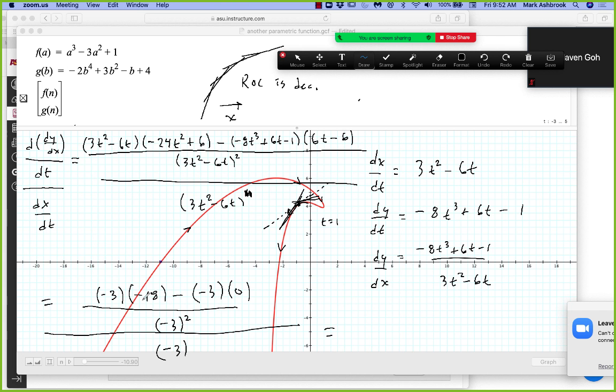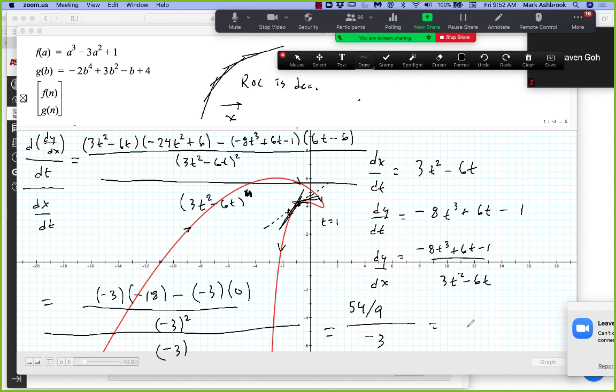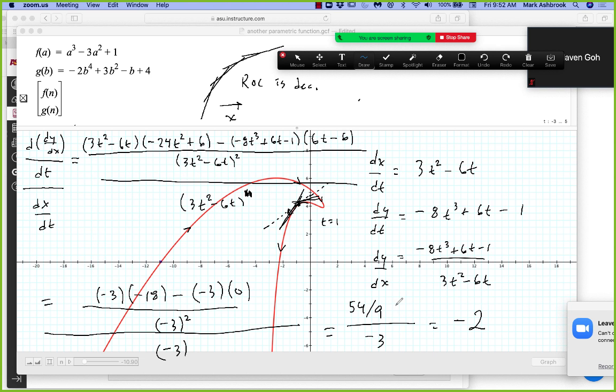And so that is 54 over 9 all over minus 3. And I think that is minus 2? And so that is less than 0, like we said. The rate is decreasing, right? The rate of change is decreasing as x increases. So the second derivative with respect to x is negative.